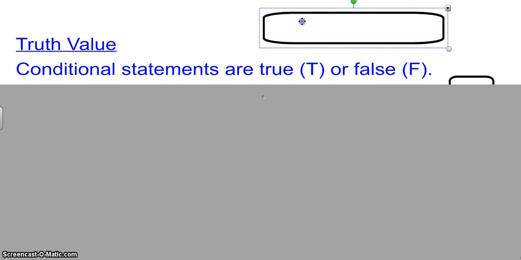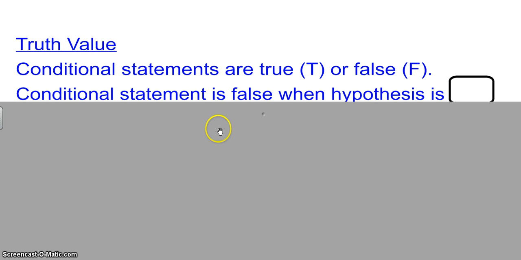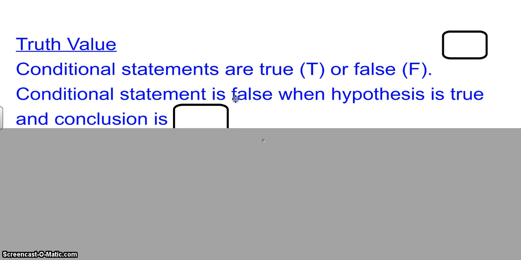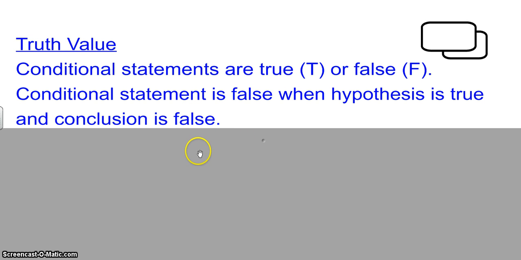The truth value of a statement. Sometimes we make a statement and it's sitting there, but it's not true, right? Usually we like true statements. We seek the truth, don't we? So conditional statements are true or false. It can be either. The conditional statement is false when the hypothesis is true, but the conclusion is false, right?